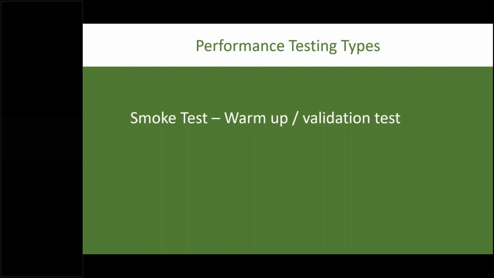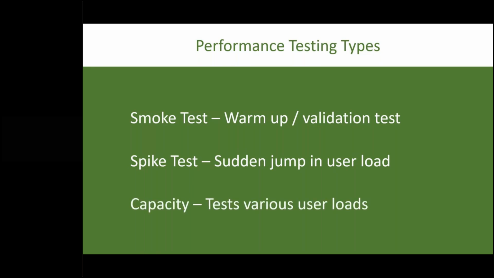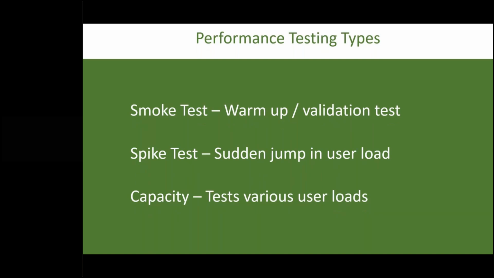Smoke is usually a warm-up test or validation. Spike simulates a sudden jump in the user load. Capacity is to test various user loads. Like this, there are different kinds, and we will be learning some of the important ones, how they can be translated into a scenario, and what we have to look at. We'll be learning all of them.